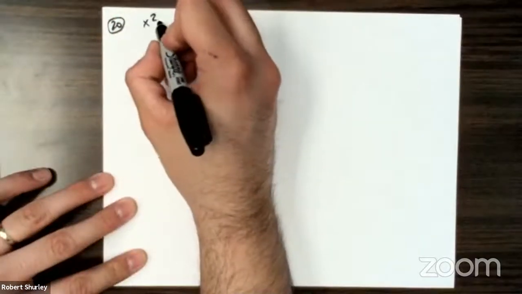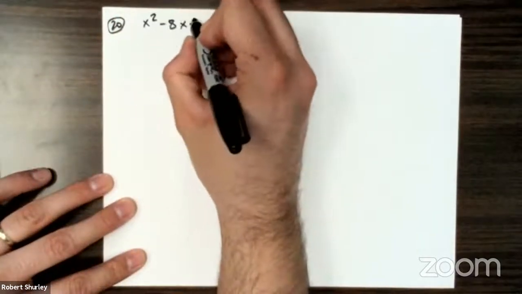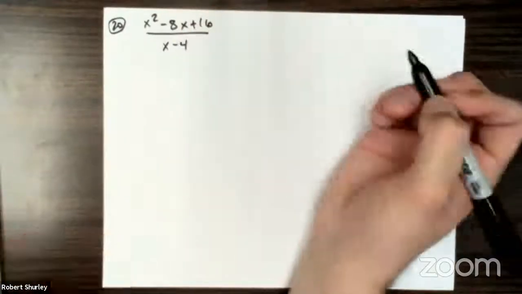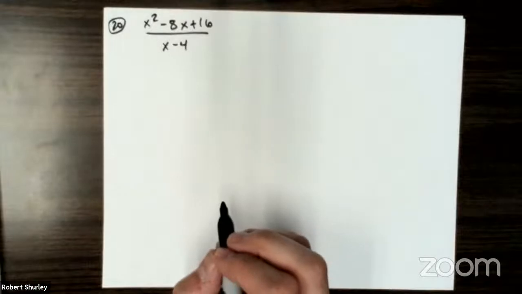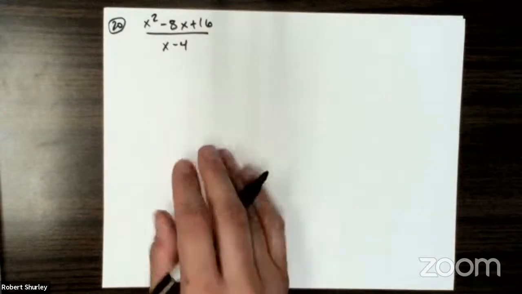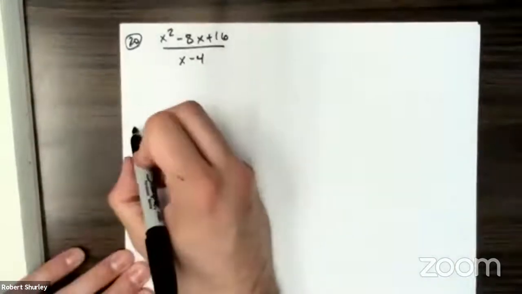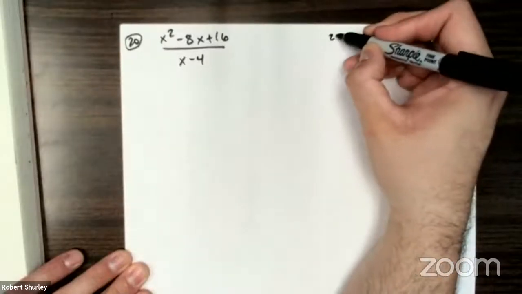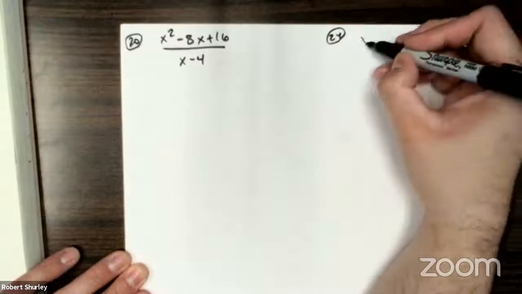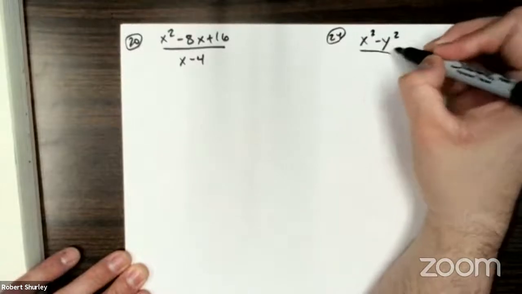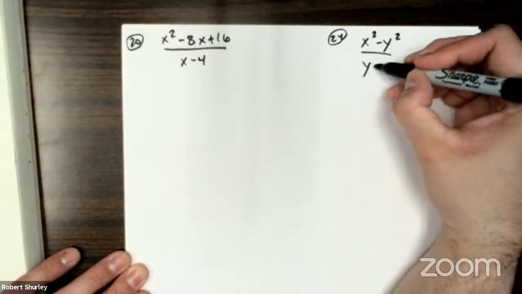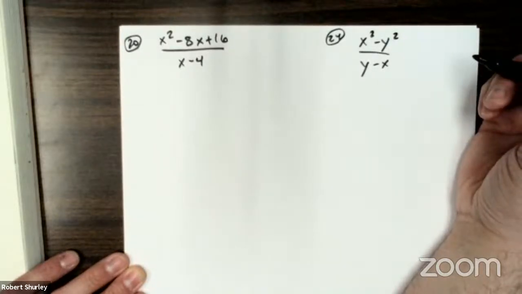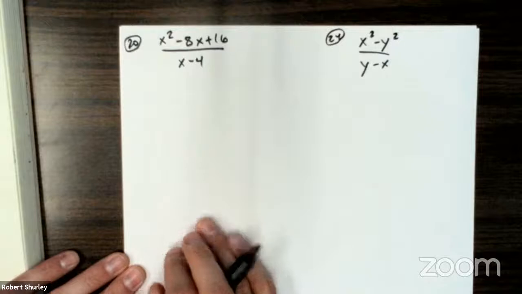It says x squared minus 8x plus 16 over x minus 4. So try that one. And then let's do 24 because it's a little weirder. 24, which says x squared minus y squared over y minus x. That's a good one.